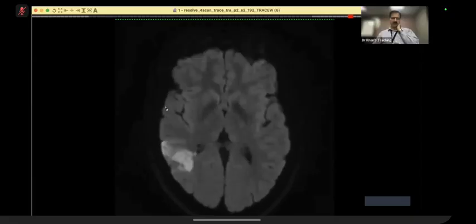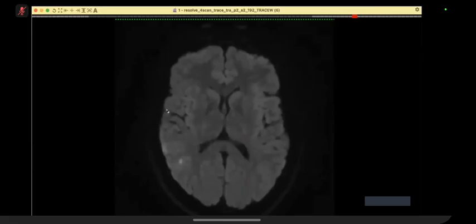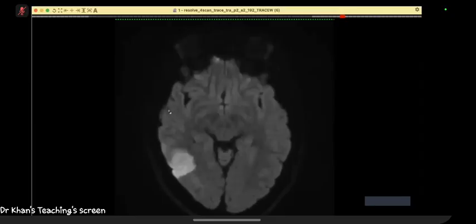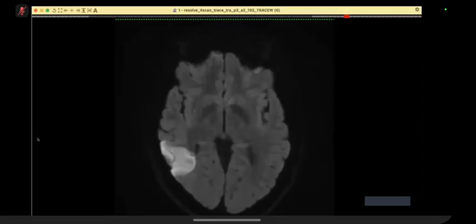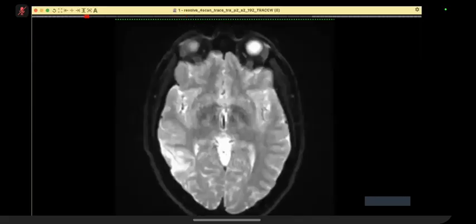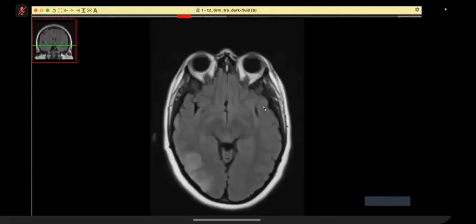So till now, what is your conclusion? I'm thinking on the lines of subacute infarct. So much restriction, right. So I have now given you a FLAIR sequence.